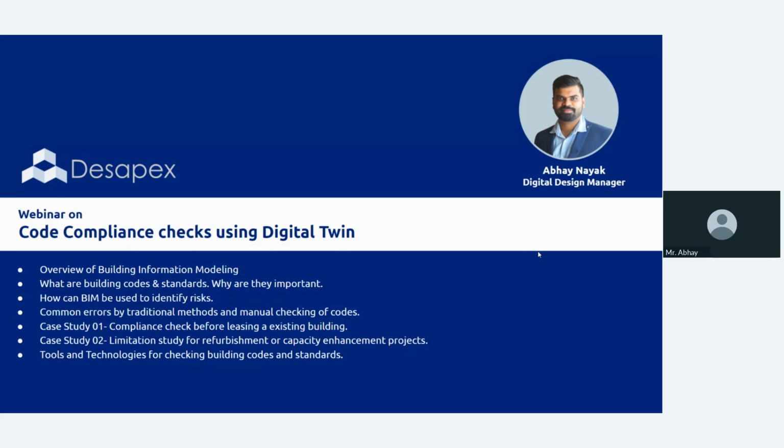And two case studies where we have been doing this service for our clients. One is for the technical due diligence, and the second one is for the building limitation study for refurbishment and capacity enhancement. And then a few of the tools and technologies which we use to check these codes and standards. So this is today's agenda.